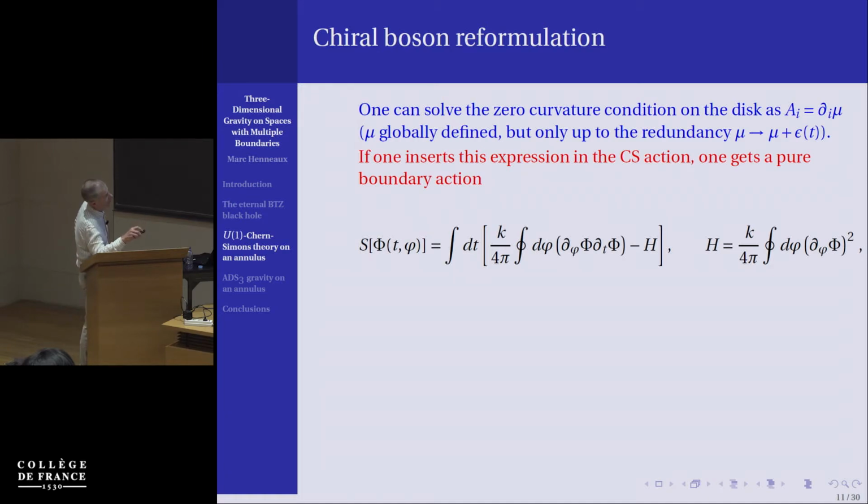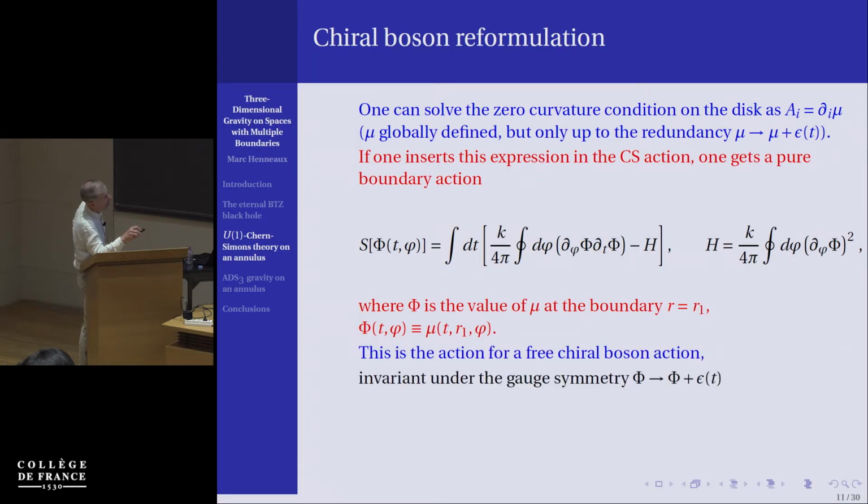And the boundary action is just actually what people call the action for a chiral boson, where the boson in question would be the value of the gauge parameter at the boundary, which I have called phi. So this will be the value of mu. So you get this action by inserting that expression into the Chern-Simons action, integrating by parts. Well, be careful with boundary terms because that's the Hamiltonian, and this is what you get.